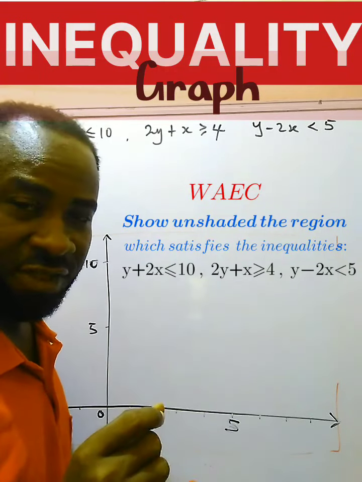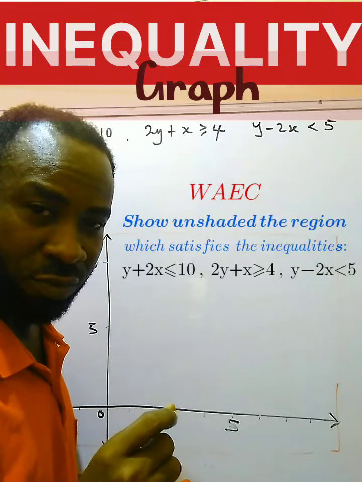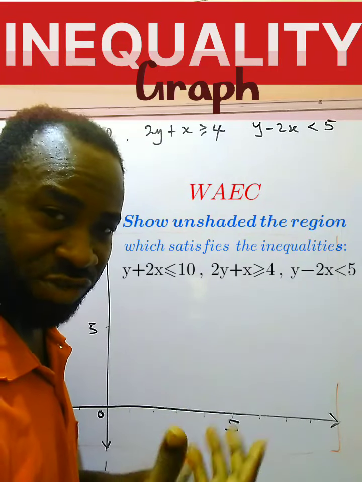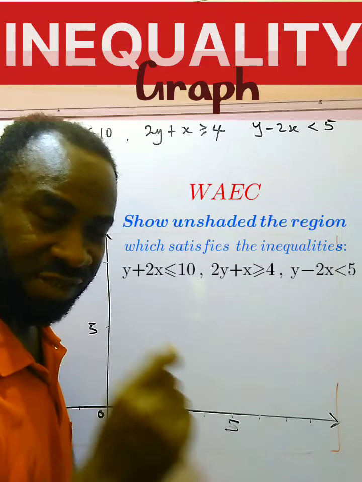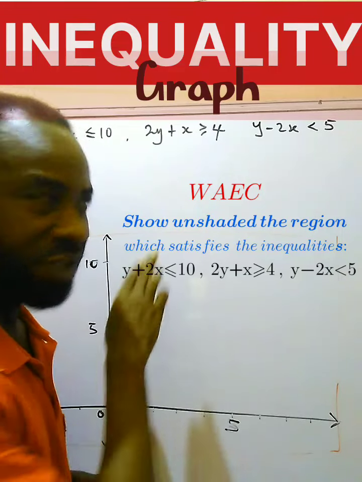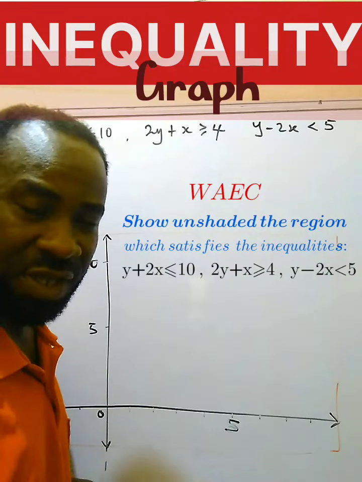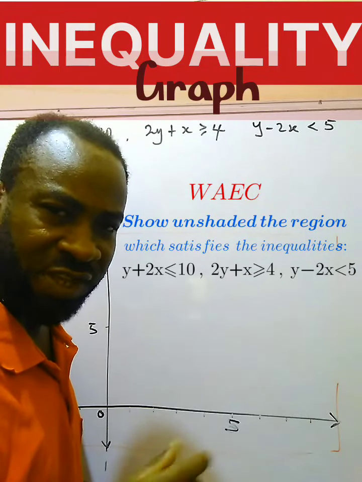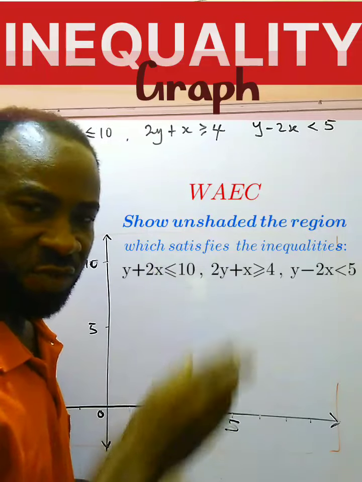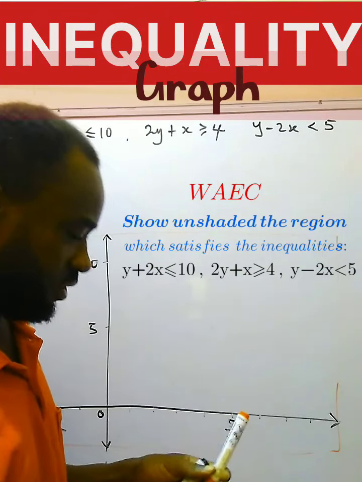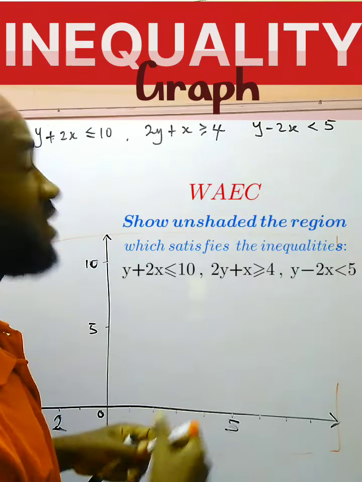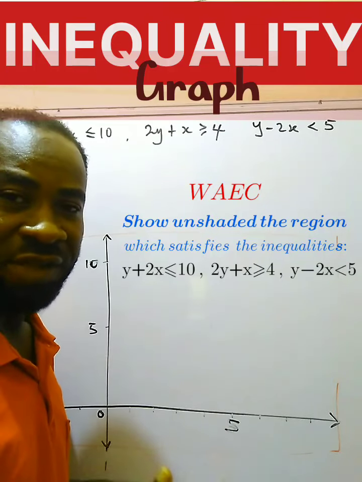The first approach I normally use is to first of all test the validity of each of these inequalities. How do we test the validity? Just use when x is 0 and y is 0.